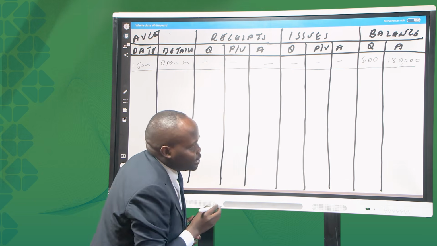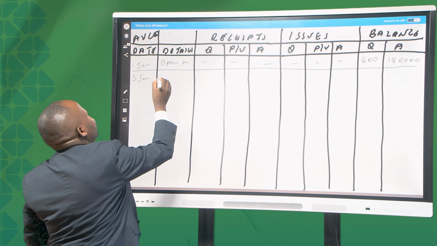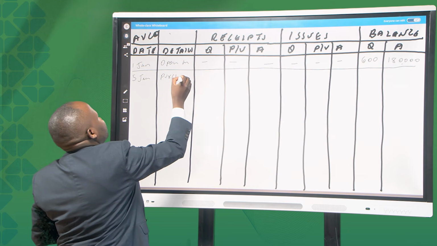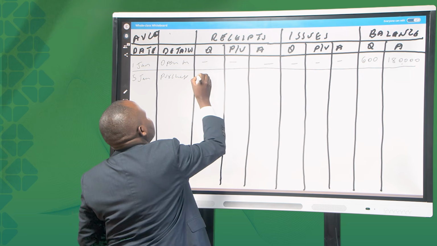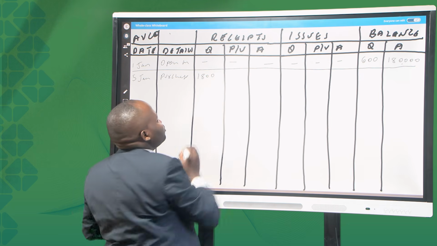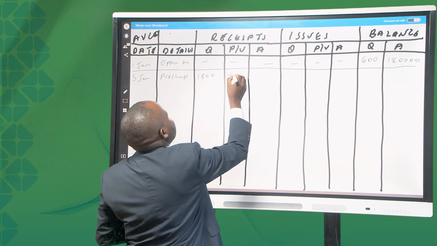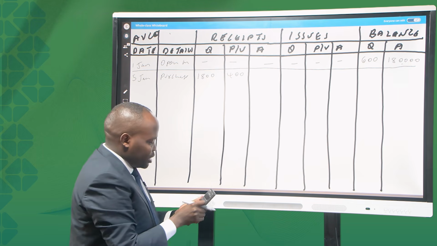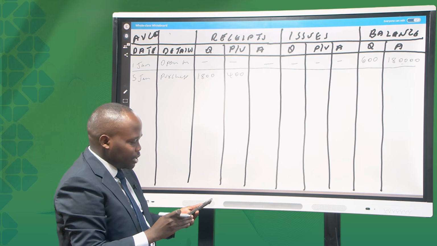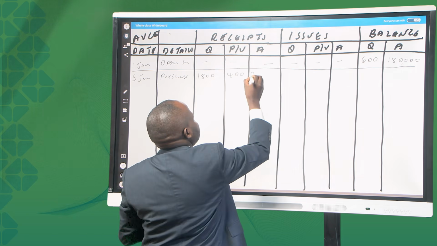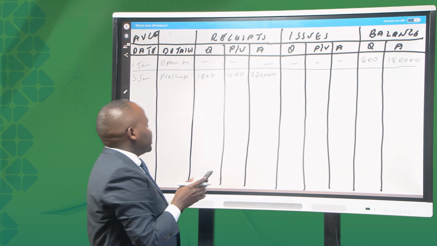The next date is 5th January. Remember, we are now in average cost method. On 5th January, we purchased 1,800 at a price of 400. So 1,800 times 400 gives us 720,000.